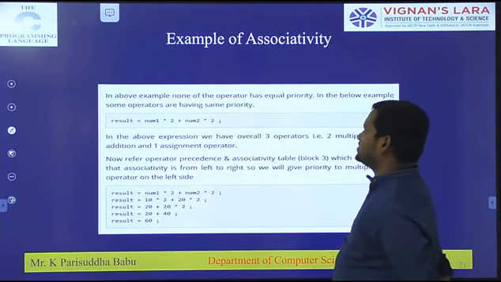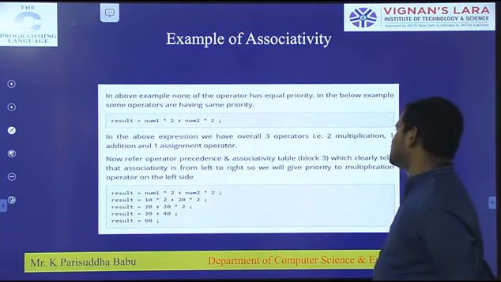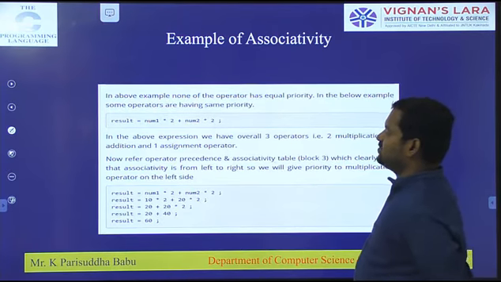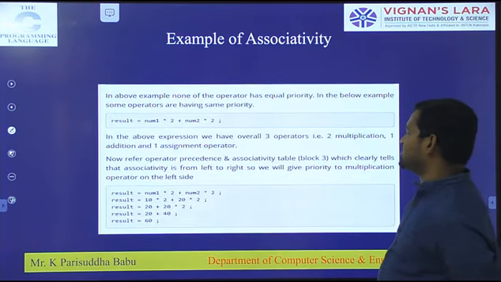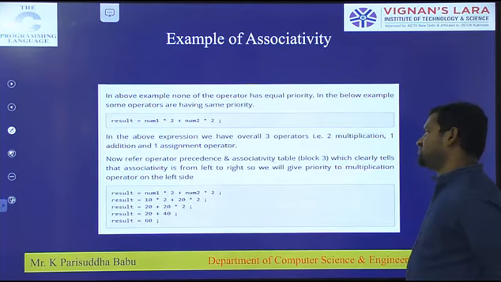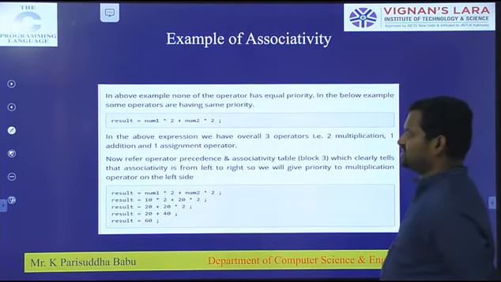In the above expression, we have overall 3 operators: 2 multiplication operators, 1 addition operator, and 1 assignment operator. Now refer to the operator precedence and associativity table, block 3, which clearly tells that the associativity is from left to right. So we give the priority to the multiplication operator on the left side.